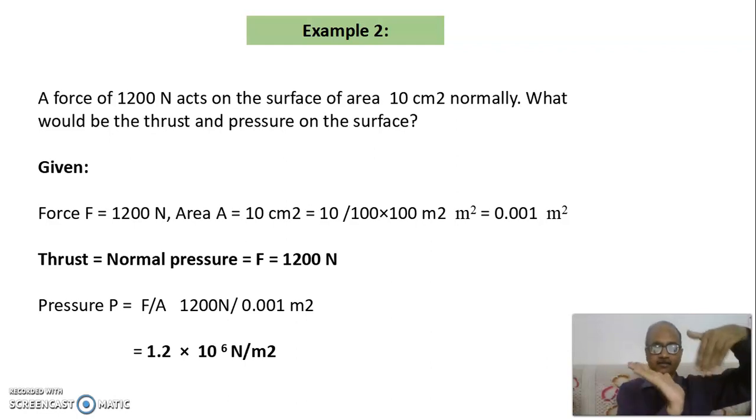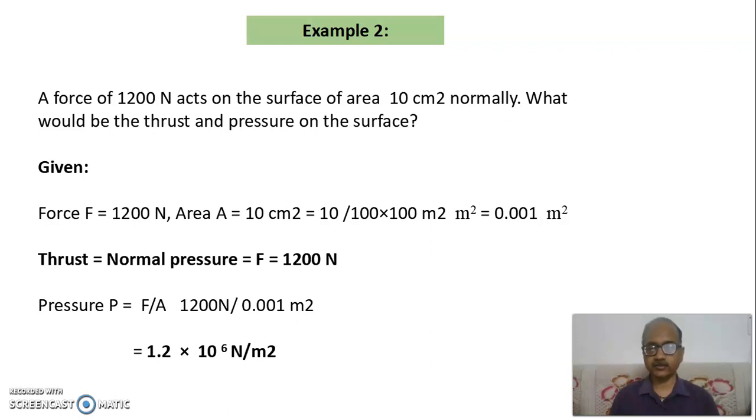This is the area and this is the normal direction of the force, then it is called thrust. The force acting perpendicularly on a surface is called thrust. Thrust is nothing but force only, but acting in perpendicular direction.